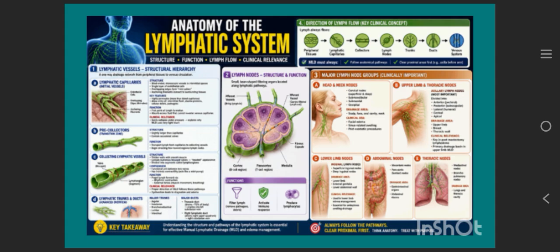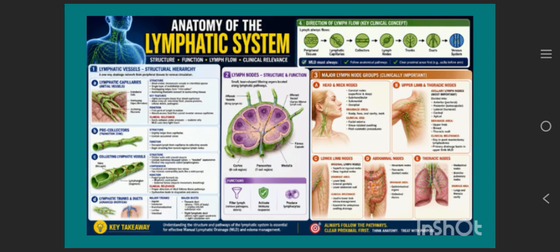The drainage areas are the scalp, face, oral cavity and neck.